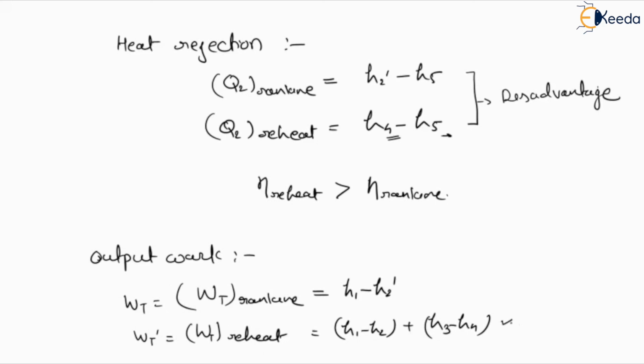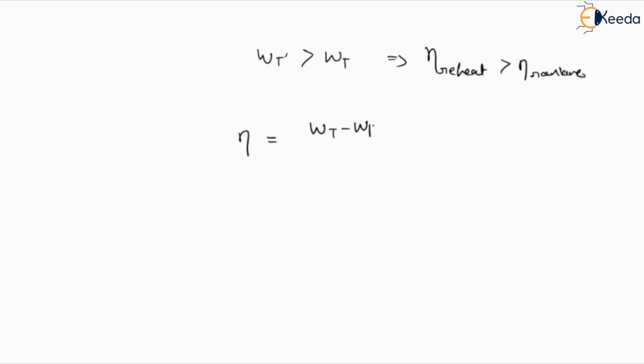So it is increasing what? It is increasing the turbine work. So in that case, WT dash is greater than WT. So here efficiency of reheat will be greater than efficiency of Rankine. If we define the efficiency, it will be WT minus WP by Q1. So it will automatically represent the increased efficiency.